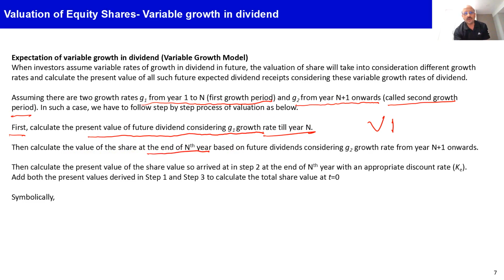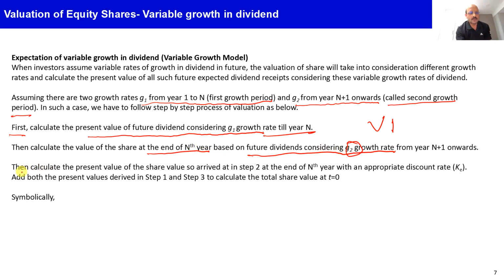So just before that, what will be the value of shares at that time, considering the future dividends from year n plus 1 onwards at G2 growth rate. G2 is basically a constant growth rate after that, so we can use the formula of the constant growth rate model, which will give us the value of the shares at the end of nth period.